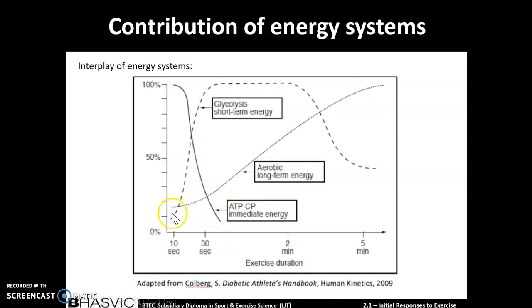But this is the dominant energy system until this point here, where the glycolytic energy system then becomes the dominant energy system, contributing to this high energy for about 2 minutes until it then drops again. And at this point here, that's when the aerobic energy system then becomes the dominant energy system. But notice that at the start, all three energy systems are working. It's just that the ATP-PC energy system is the dominant one at the beginning, and this changes throughout.